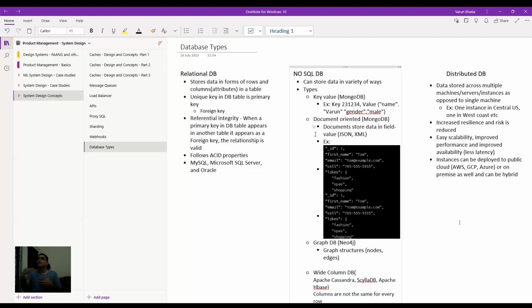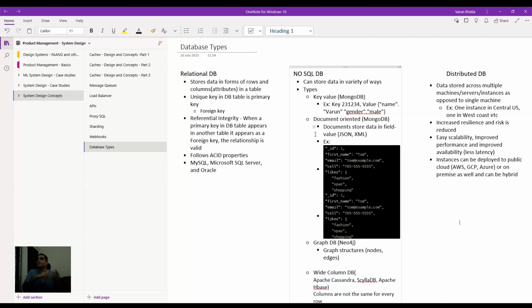Which brings me to the next kind of databases, which are usually called NoSQL databases, and these can basically store values in a variety of ways. We have around four types of NoSQL databases: the key-value database, and MongoDB is a very good example of that.